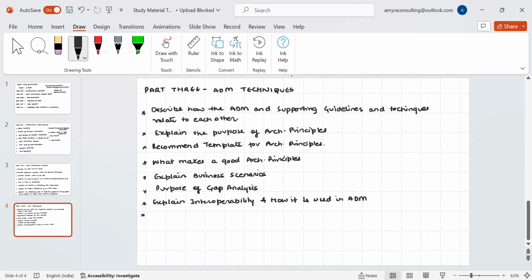Then we also need to know how we can explain business transformation readiness assessment and where it can be used in ADM.